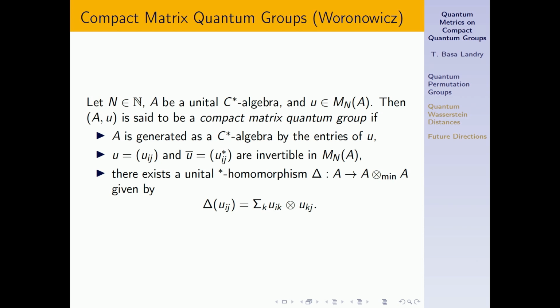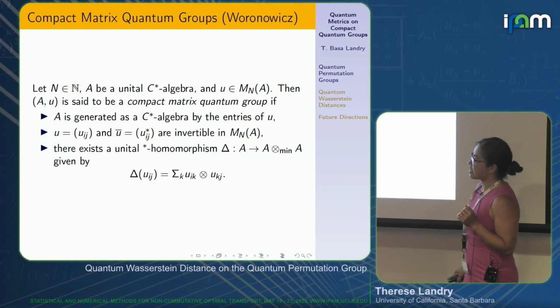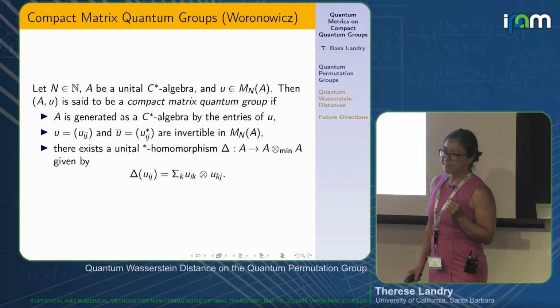And with the quantum permutation groups, we saw that this condition happened to be the rows and columns summing to the unit. More generally, you just have to get an invertible matrix in matrices valued in the C-star algebra. And so that gives rise to other examples of compact matrix quantum groups. And then also there is a unital star homomorphism that generalizes matrix multiplication in a natural way.